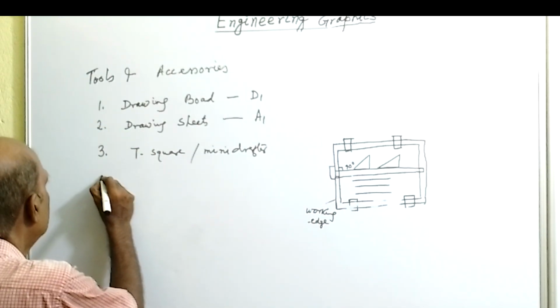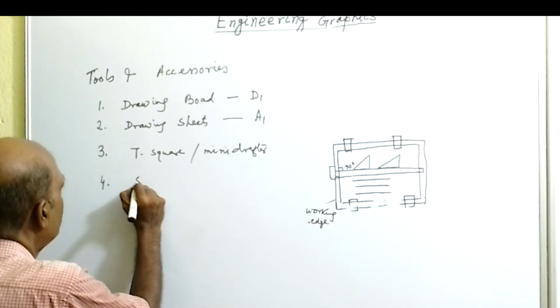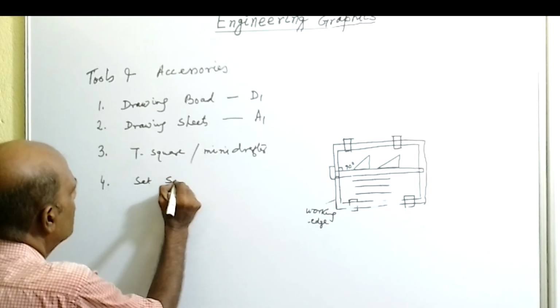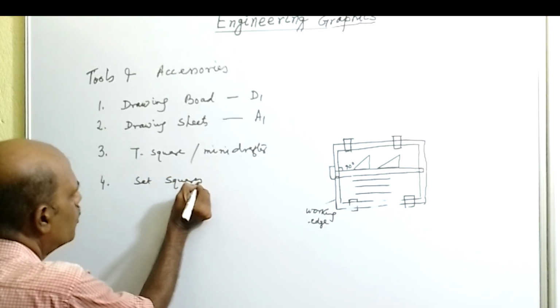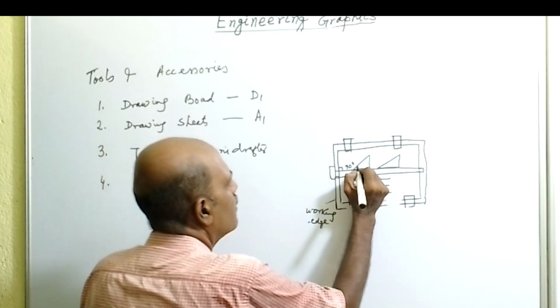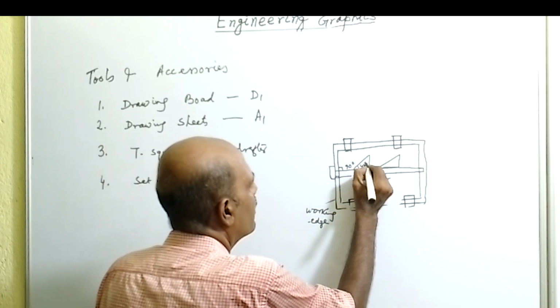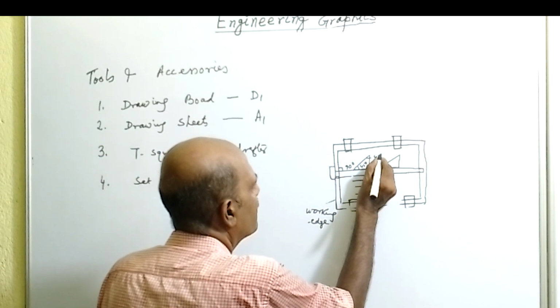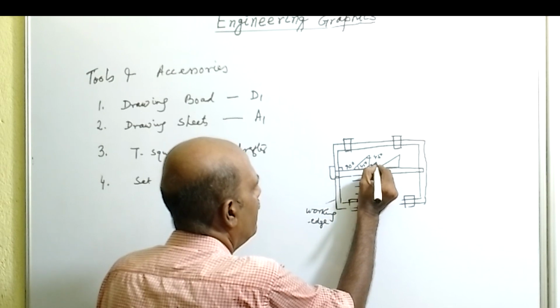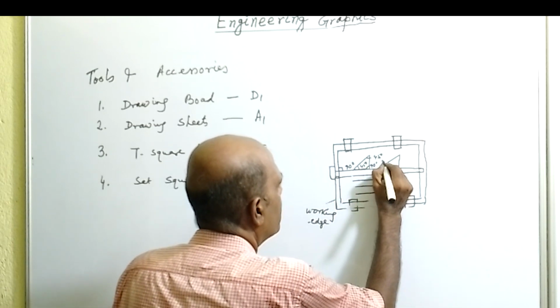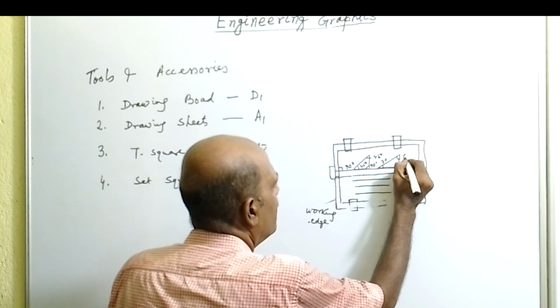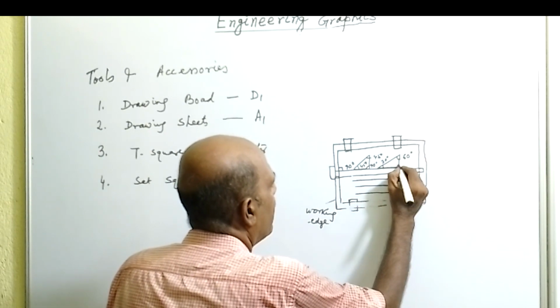Now next, the component is set squares. There are two set squares available, that is the 45 degree and 90 degree set square, and the 30 degree, 60 degree and 90 degree set square.